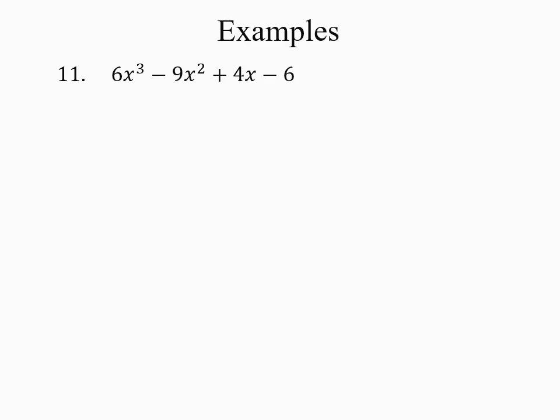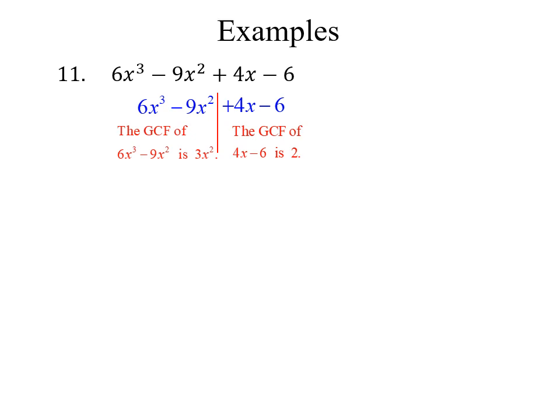Now we're going to see factoring by grouping. So we have a polynomial with 4 terms, and we're going to factor by grouping. So we're going to divide this polynomial into 2 groups. Notice from the left-hand side, the greatest common factor is 3x squared, and the right-hand side, the greatest common factor is 2.